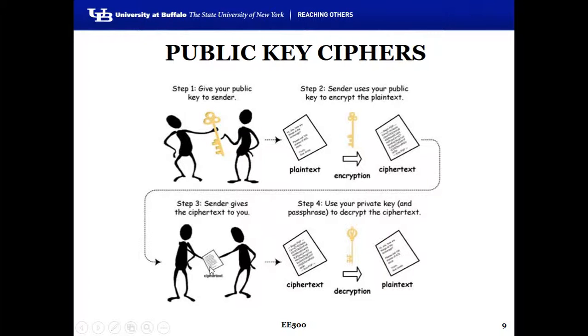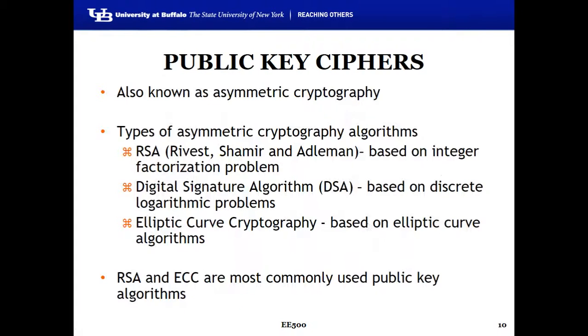Now the receiver knows that the data has been encrypted using the public key that the receiver gave, and the receiver uses the private key to decrypt the data. So the receiver has another private or secret key which only the receiver knows, which ensures more security. Public key ciphers are also known as asymmetric cryptography.